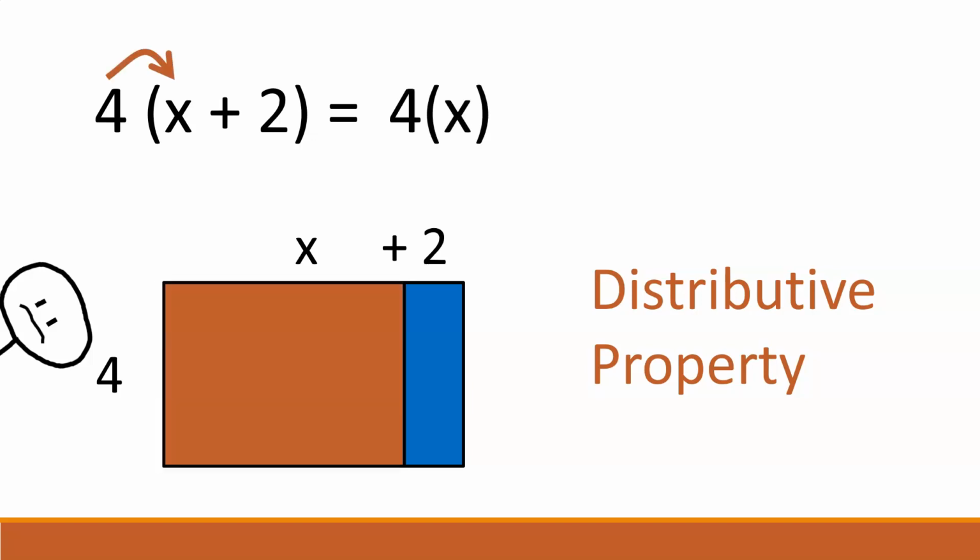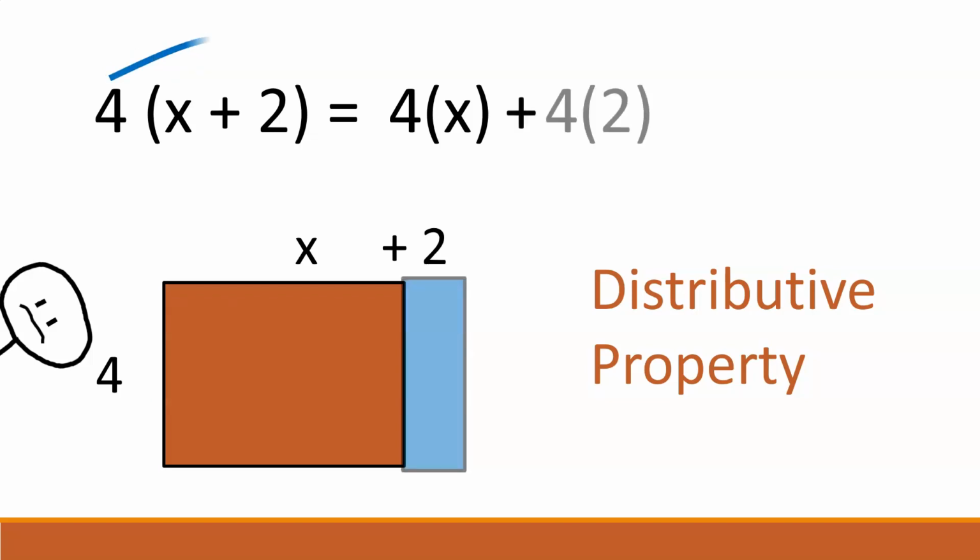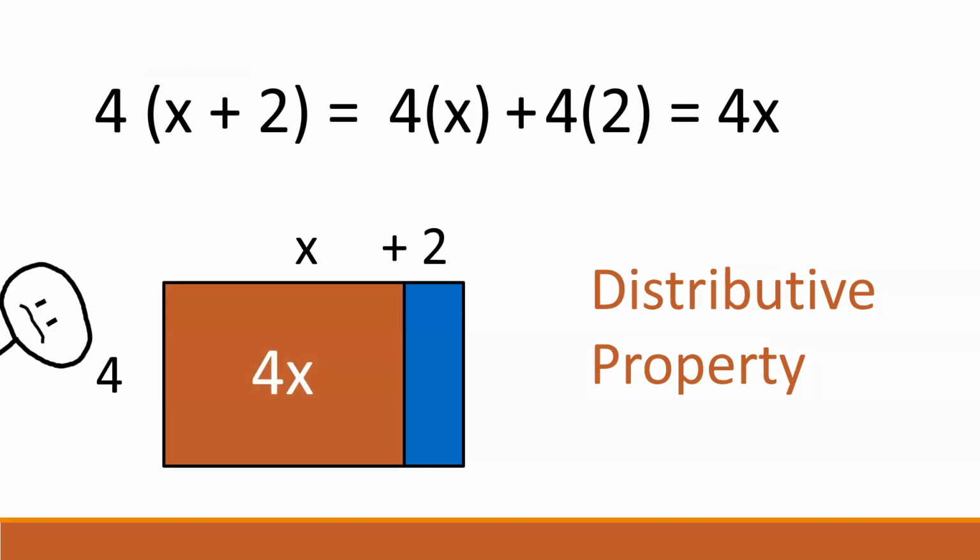The area of the orange part of the model is 4 times x, and the area of the blue part is 4 times 2. So the total area is 4x plus 8. That wasn't so hard, was it? Of course it wasn't. It's just the distributive property.